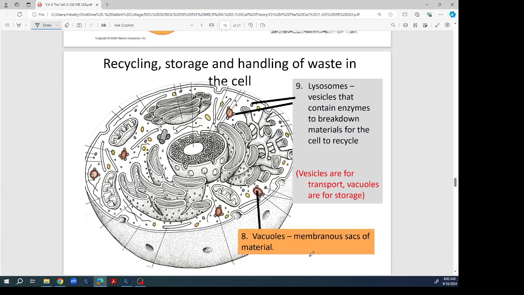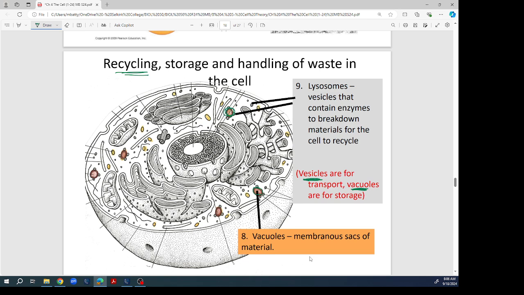Moving through, almost done. We've got the idea of recycling. So maybe it's like the recycling center or the dump or the compost pile or whatever in your analogy. So we have vesicles, which we've talked about before, as the Golgi apparatus, the Golgi body, shipping proteins in. But we also have membrane-bound vacuoles. And on this diagram, there is not a lot of difference between the brown blobby bits.